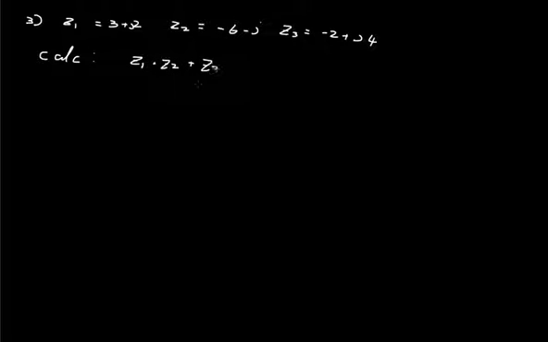Now, what would probably be the fastest? Well, this whole equation you could just pop into your calculator and solve, or you could convert Z1 and Z2 into polar form in order to do the multiplication. Remember, multiplication and division are easier in polar form, while for addition and subtraction you want rectangular form.